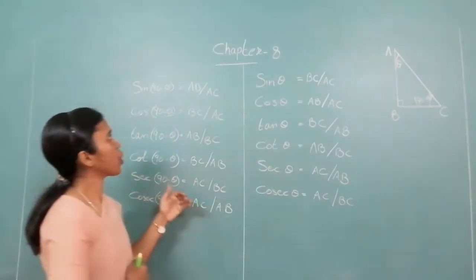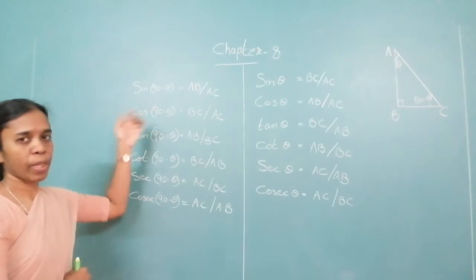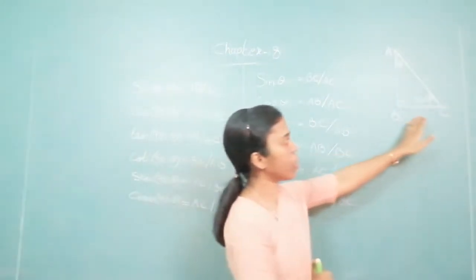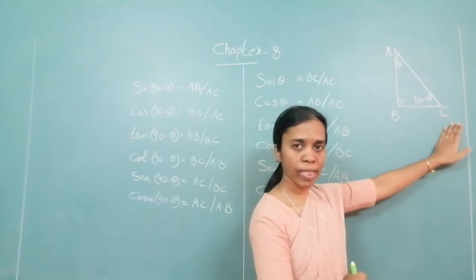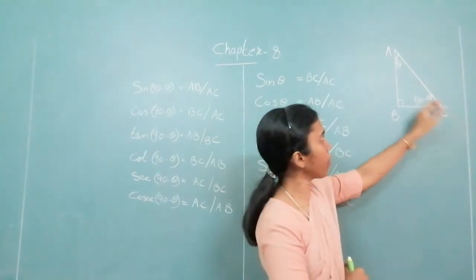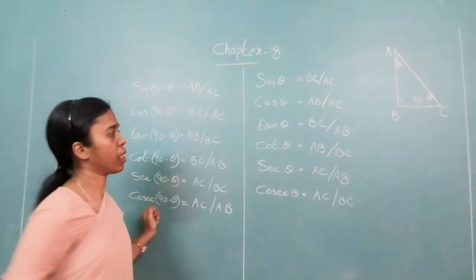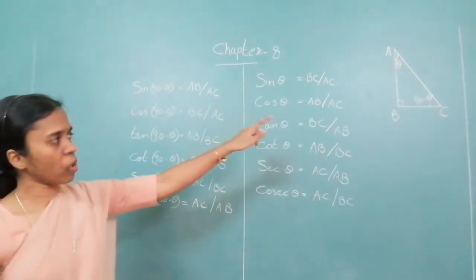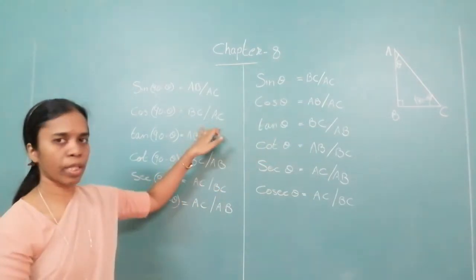Similarly, I have written the ratios for sine, cos, tan, cot, sec, cosec of 90 minus theta. So this is the 90 minus theta angle. It is the same to say sine C, cos C. Sine of 90 minus theta will be opposite over hypotenuse, AB upon AC. Cos of 90 minus theta is the adjacent BC upon AC.